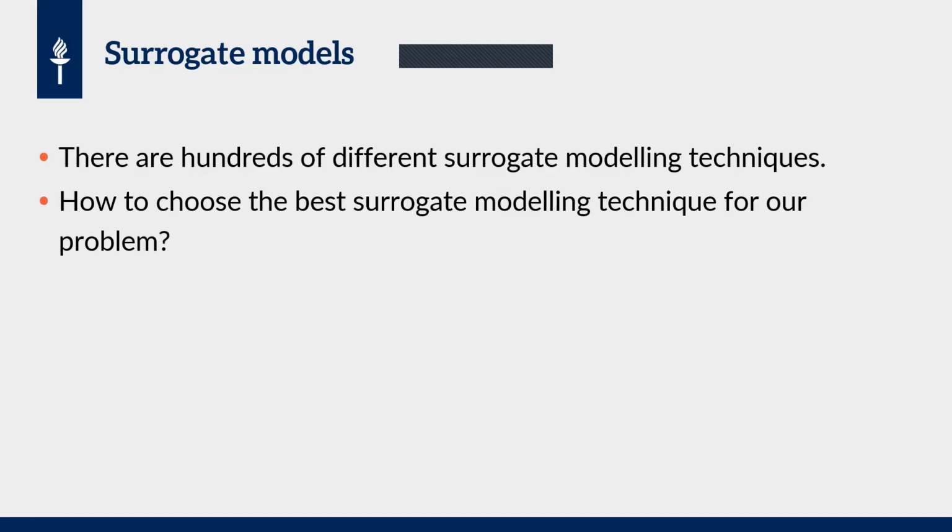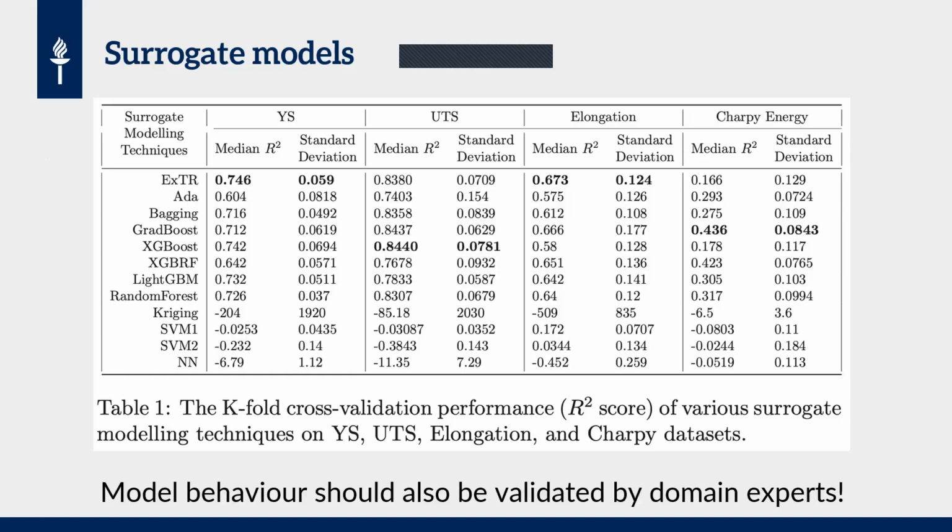Well, there are many different ways in which we can choose the best one. We just trained 10 or so, I think, different surrogate modeling techniques. All of these, again, are available either through scikit-learn or in the case of some of them, for example, XGBoost, there are some external packages from which we can get these surrogate modeling algorithms.